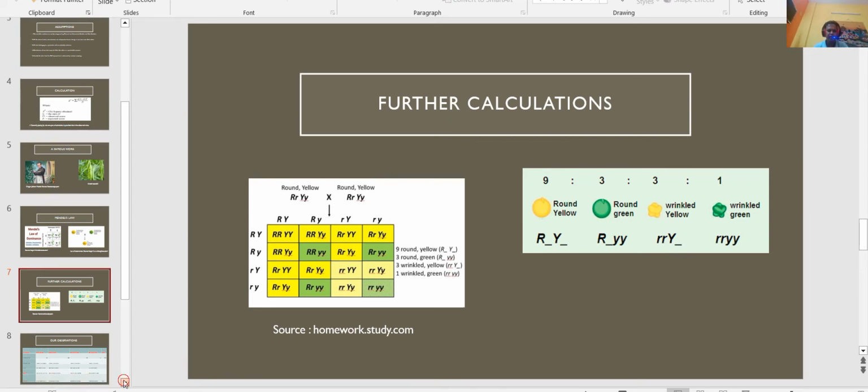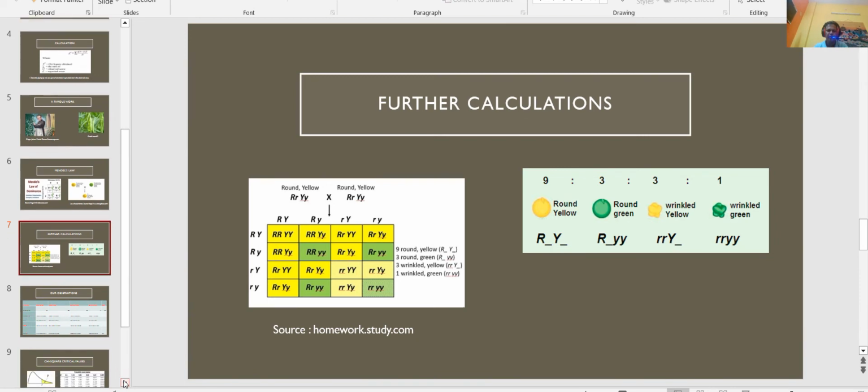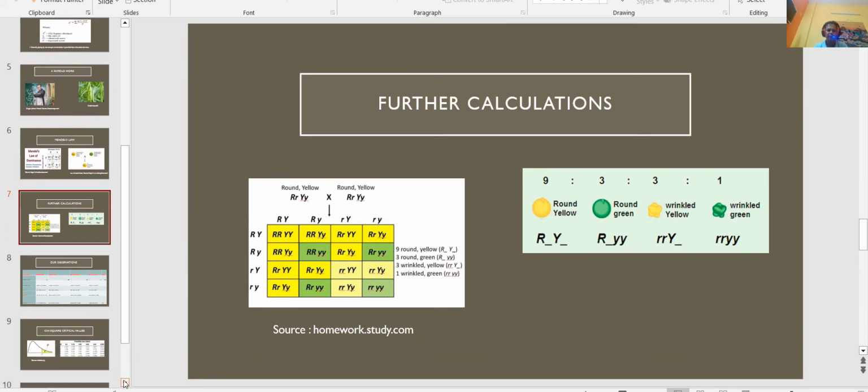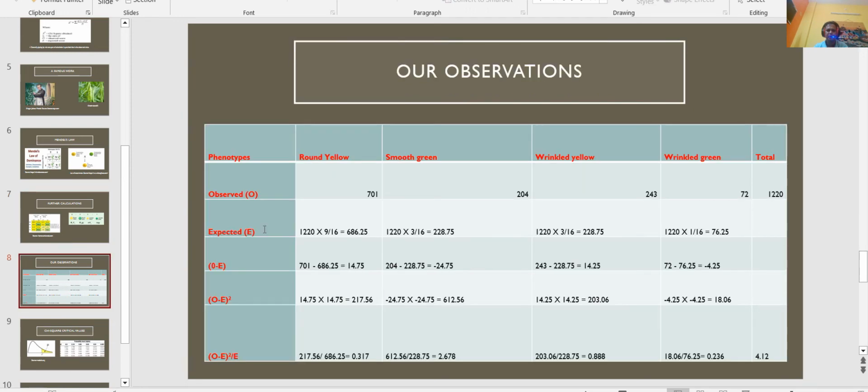Based on this, we obtained pea plants and calculated the number of seeds to be 1220. Out of that, we found round yellow was 701, smooth green 204, wrinkled yellow 243, wrinkled green 72.